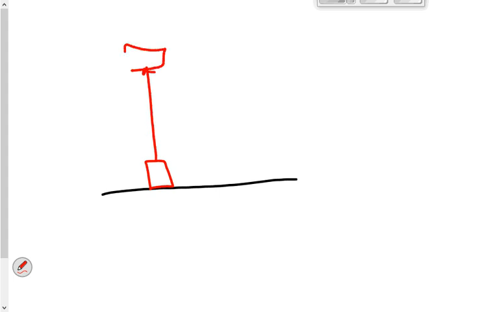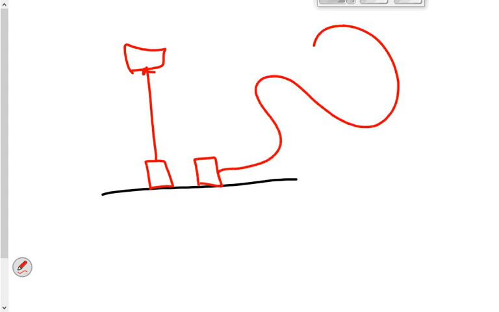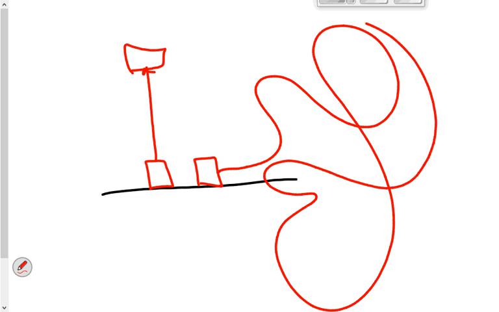So if I have the table here and I start with a block on the table and I lift it up and I put it up here, then I know that a certain amount of work has been done, a certain amount of energy has been transferred. Maybe I'm tossing it up, maybe I'm just lifting it. But that transfer of energy is the same when I take the direct path as it is if I take a path that takes me all the way down here, maybe down to the main office, and then back to that spot.